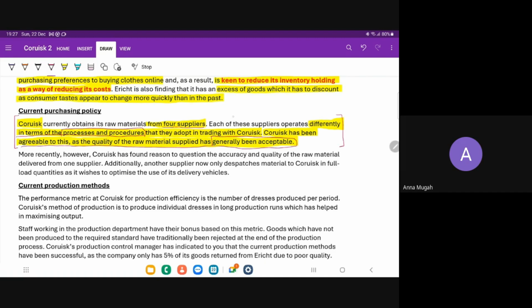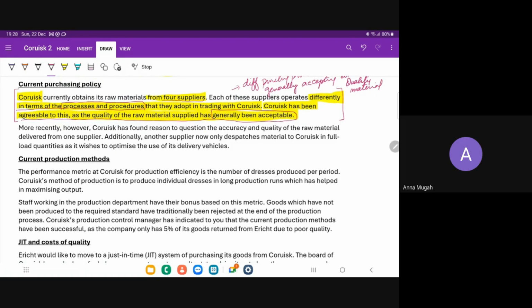The first thing is different purchasing processes, and the second thing is that you are generally accepting even low quality material. Right? Okay, fine, it's good, we are accepting it.